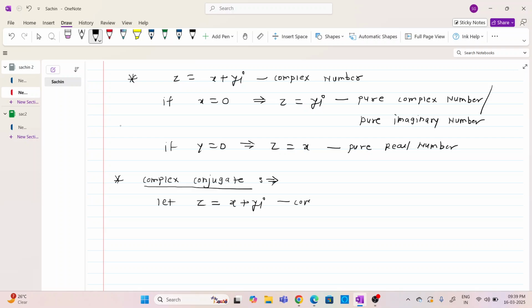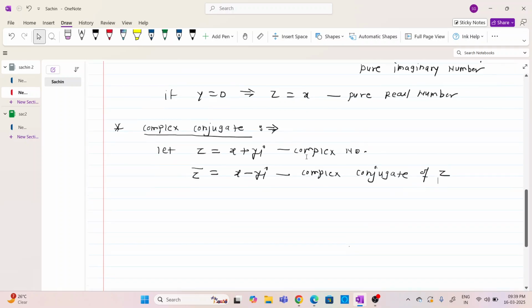This is the complex number. Then z bar, this is the complex conjugate of the given complex number, that is the complex conjugate of z.